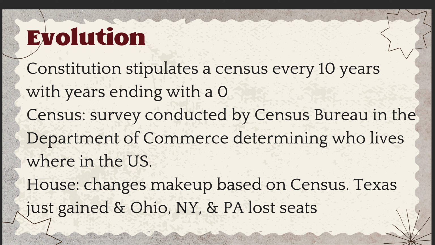In 2020, Texas gained seats, whereas Ohio, New York, and Pennsylvania all lost seats, which means Texas's population went up, and either Ohio, New York, and Pennsylvania's population went down, or it didn't change as much as Texas's did, so they had to give those representatives to Texas.